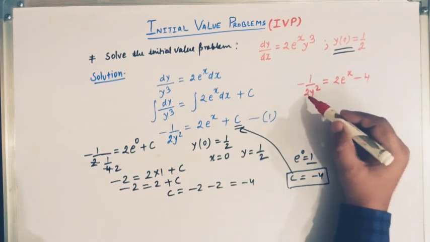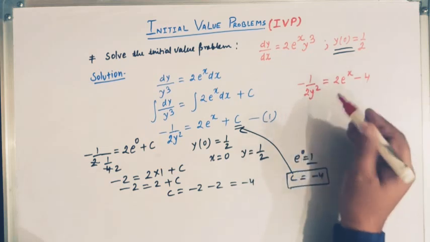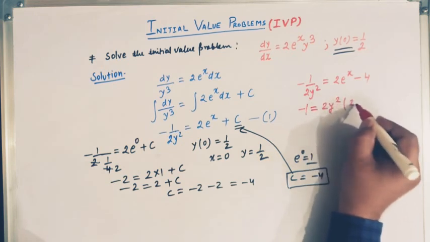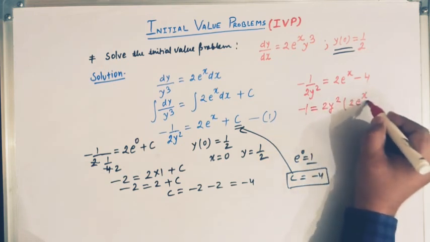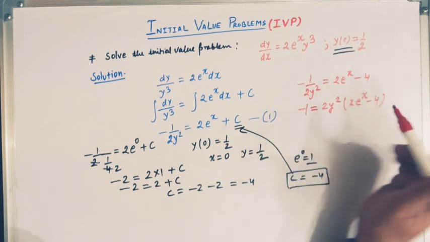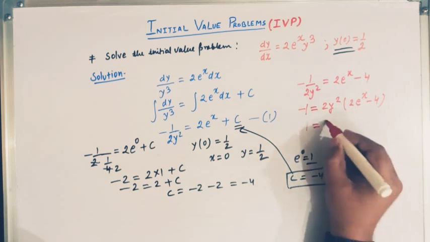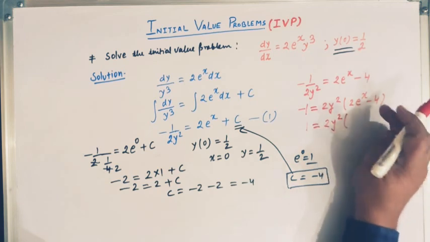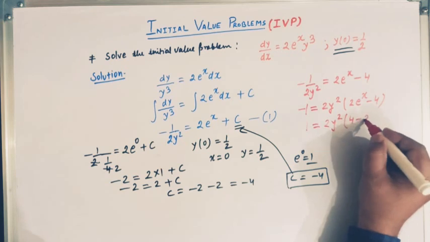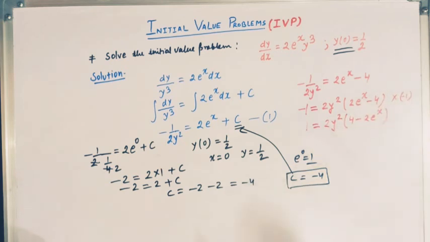Now multiplying by 2y square, we can rewrite this expression as minus 1 is equal to 2y square times 2 e raised to x minus 4. Now multiplying throughout by minus 1, this becomes positive 1, and here we have 2y square, and these two terms get reversed, so we have 4 minus 2 e raised to x. So we have multiplied this equation by minus 1.